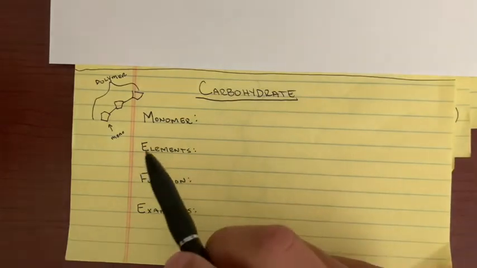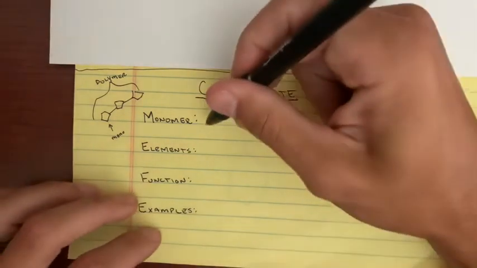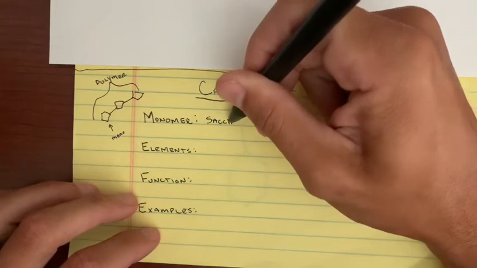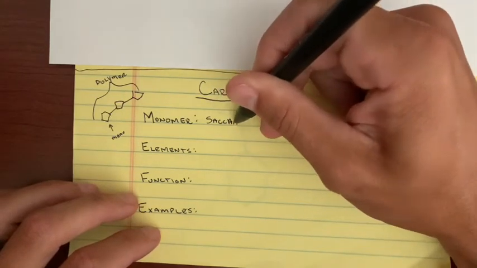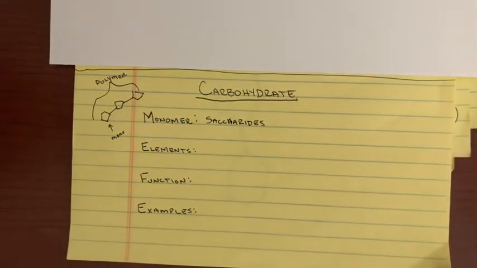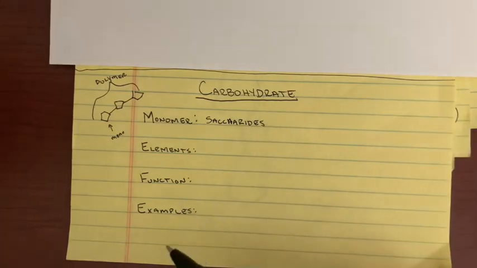Okay, so the monomer for carbohydrate is called a saccharide. Okay, and so they connect to each other. They're highly reactive, but the subunit of a carbohydrate.